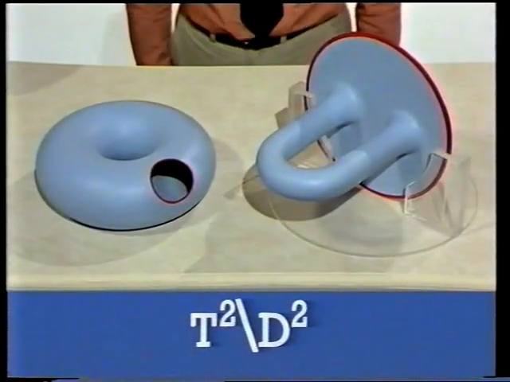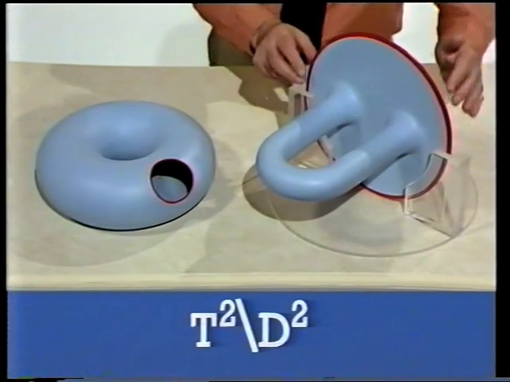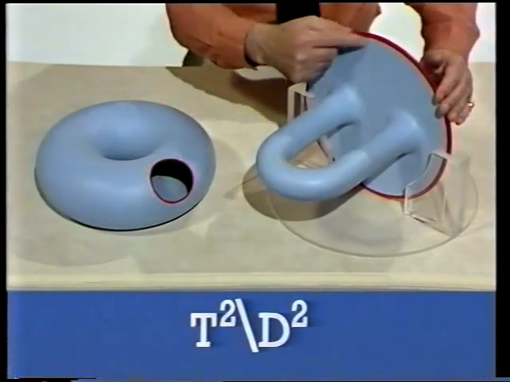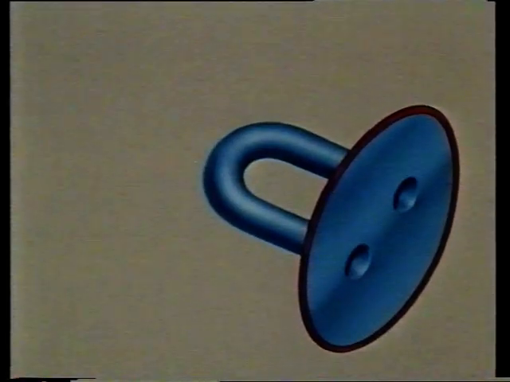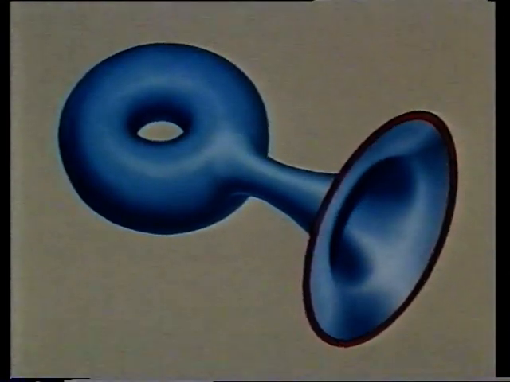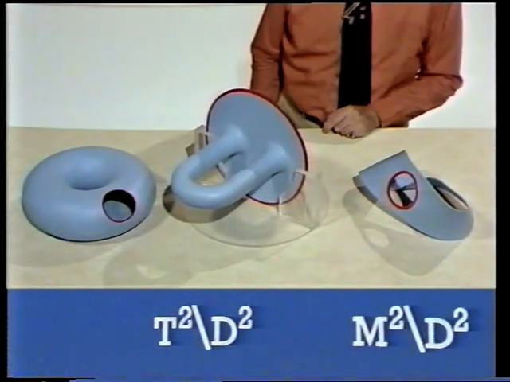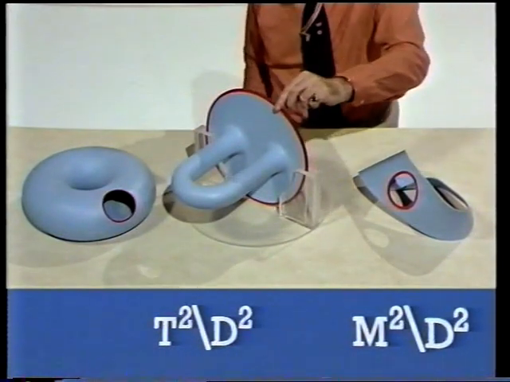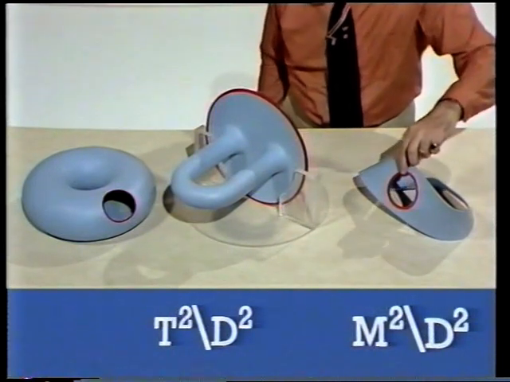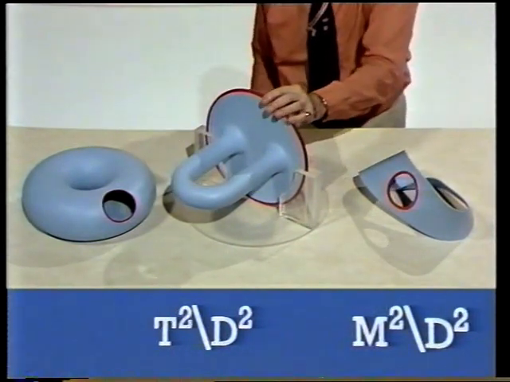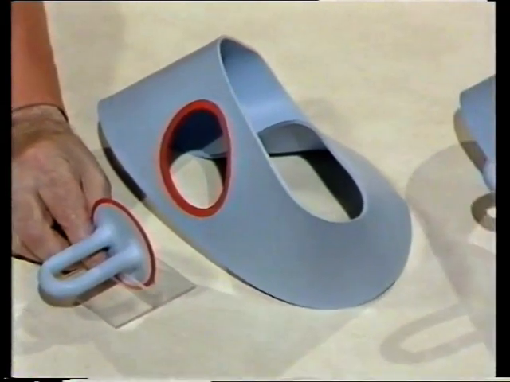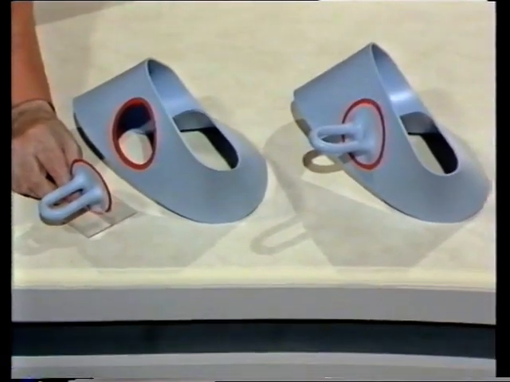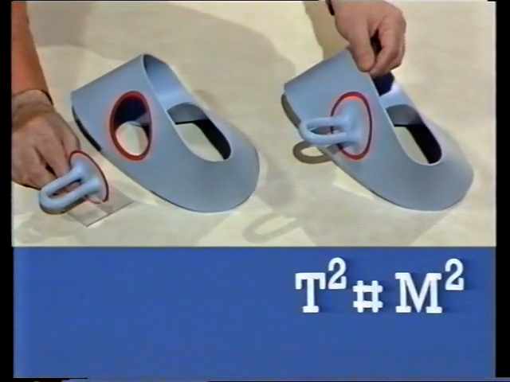So a torus with a disc removed is topologically equivalent to this, where this boundary comes from the edge of the original hole. So to get the connected sum, we have to glue this edge to this one on the Möbius band. So we'll have to reduce the size of this to something like this. And here's what we get, a Möbius band with a handle attached.